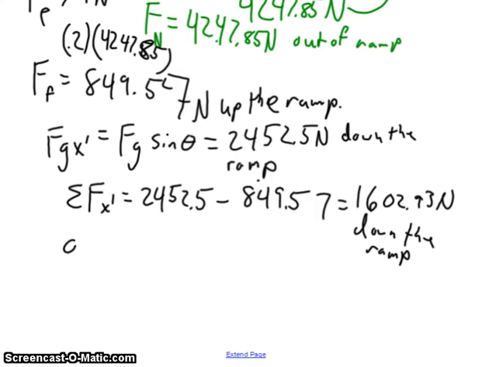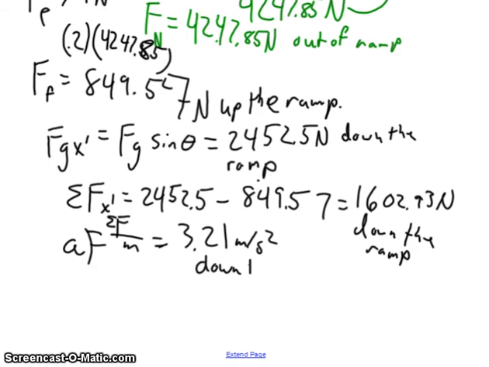And so we can find our acceleration, which is equal to the net force divided by the mass. So we have that value divided by the 500 kilograms that the polar bear is. We get an acceleration of approximately 3.21 meters per second squared down the ramp.